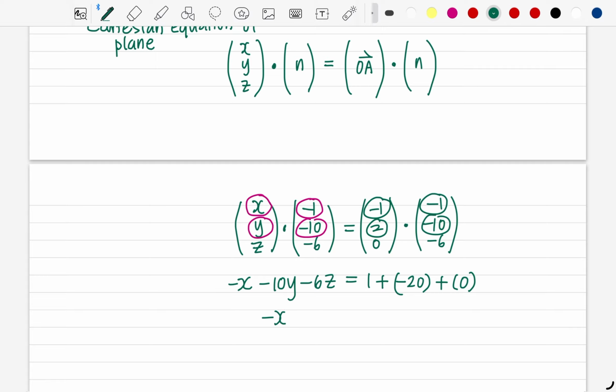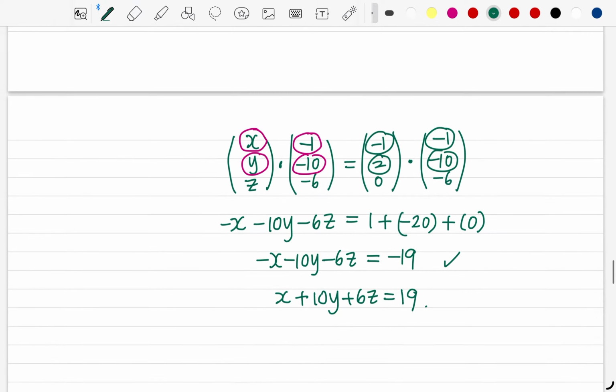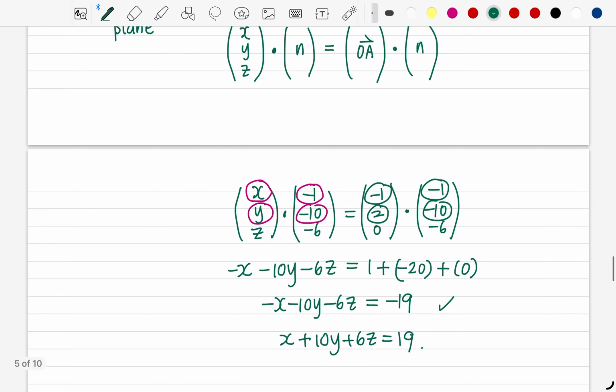So then you have -x minus 10y minus 6z equals -19. You can leave your answer in this form, it is totally correct. Or, because all the terms over here are negative, it is also the same as x plus 10y plus 6z equals 19. And this is the Cartesian equation of a plane.